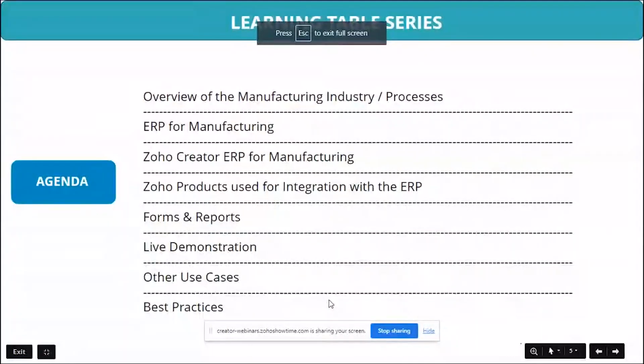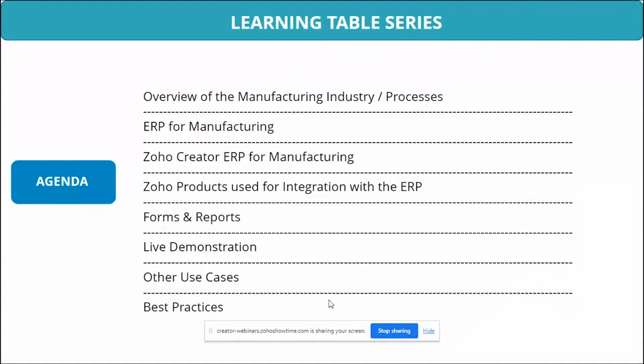This is the broad index or agenda that I'm going to take you through today. An overview of the manufacturing industry. Manufacturing, as you know, is one of the largest industries in the world, and India has a lot of manufacturers just like any other country. Therefore, ERP for the manufacturing process has become very crucial.